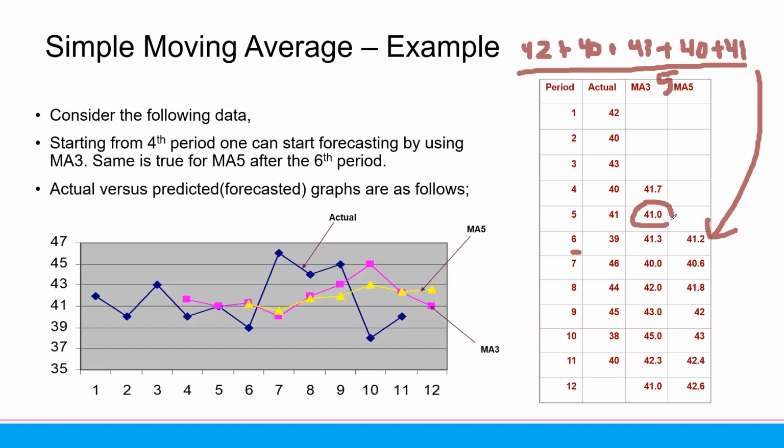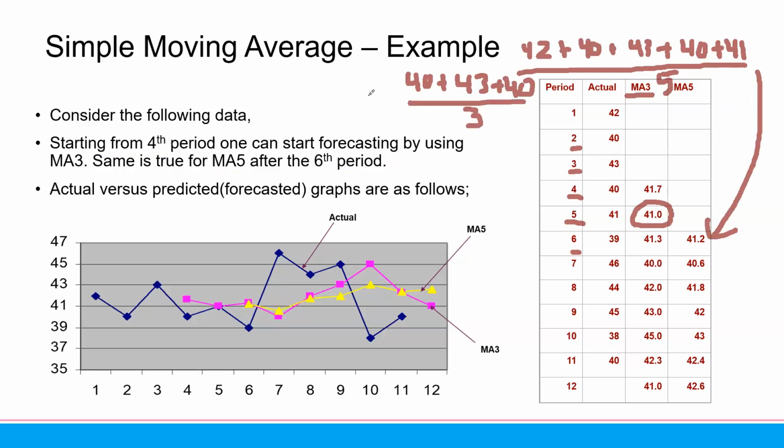And what about this one? How can we get this 41? If it is MA3, and we want to predict period 5, it means we will use periods 2, 3 and 4. So 40 plus 43 plus 40 divided by 3.